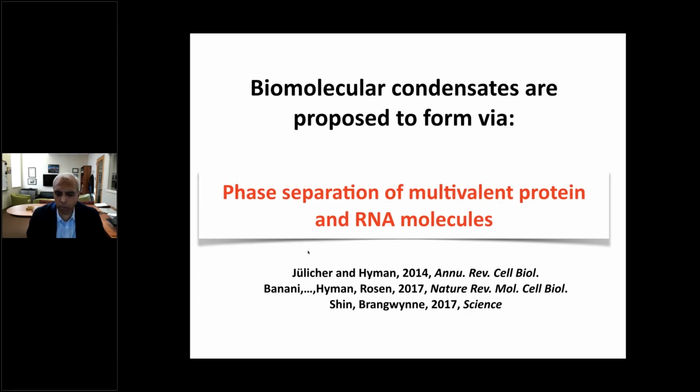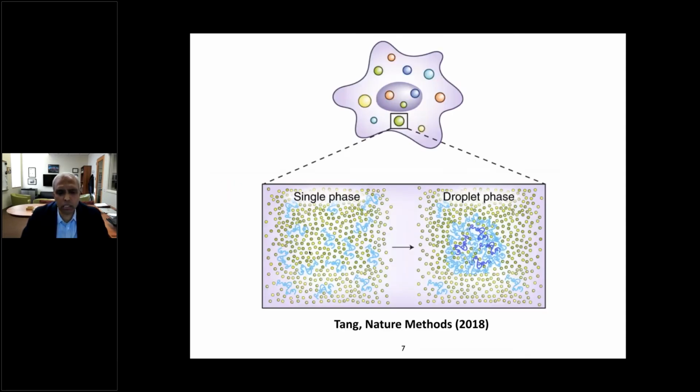Now, this might seem like a mouthful, so what I'll try to do is walk us through the particular physics that underlies phase separation and what we mean by multivalence. So here is a cartoon that basically depicts the essence of what phase separation is all about.